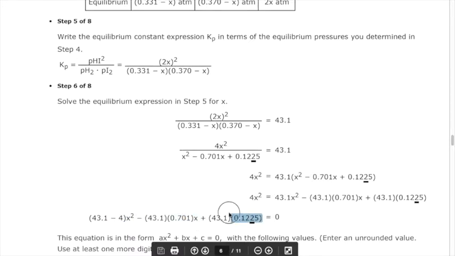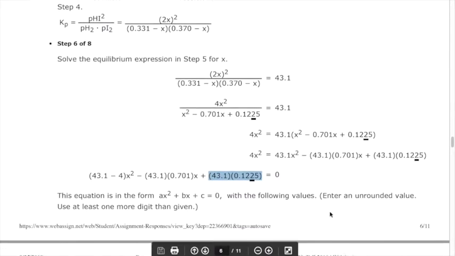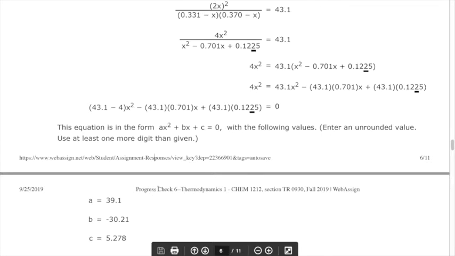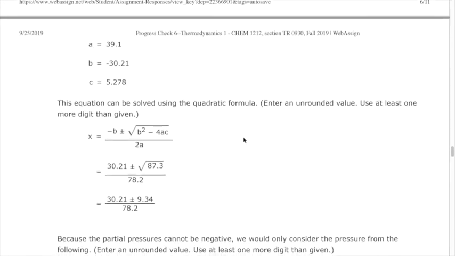And the terms not connected to a variable are here. And then once we have it in this form, we've got a, b, c. Basically, a is what is connected to x squared, b is what's connected to x, and c has no variable. And then we're going to plug it into the quadratic equation right here.